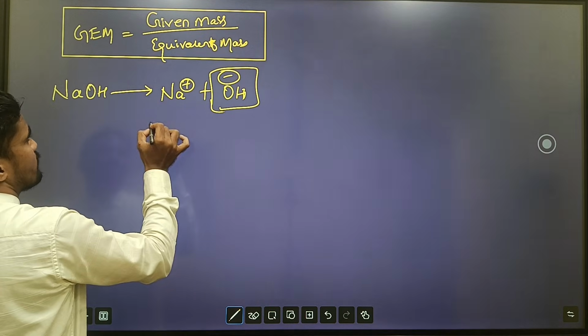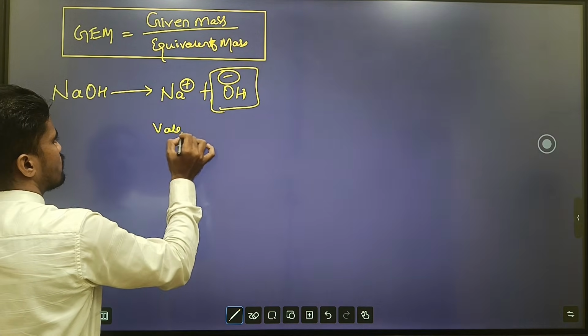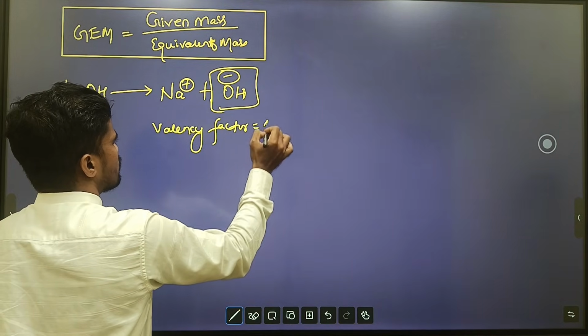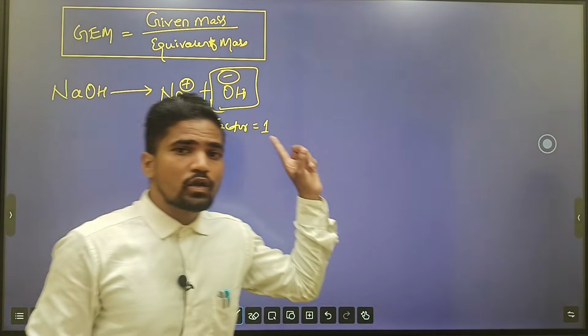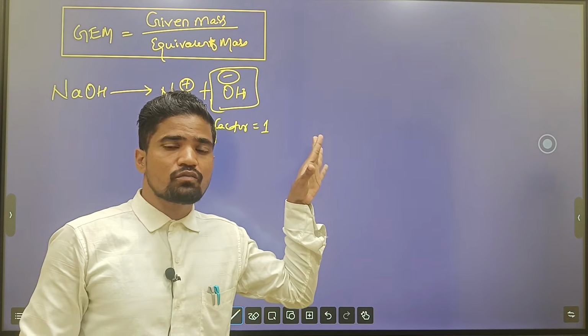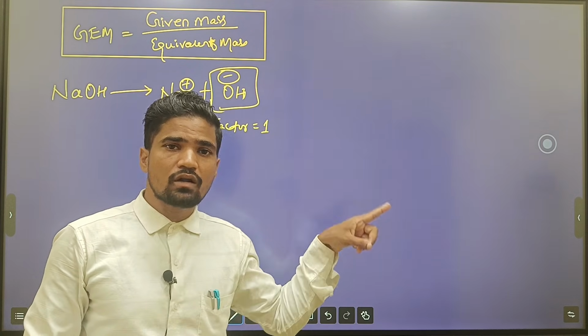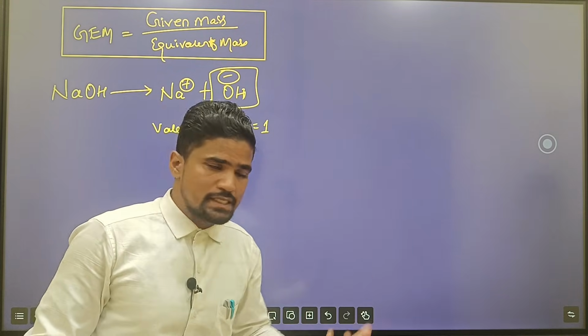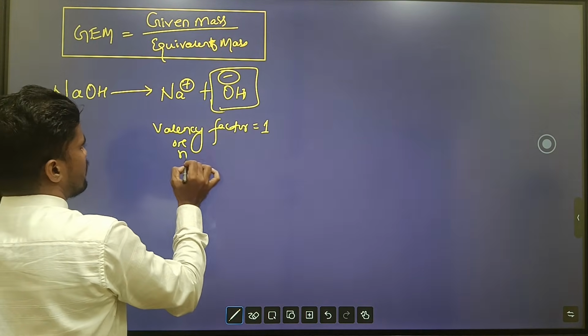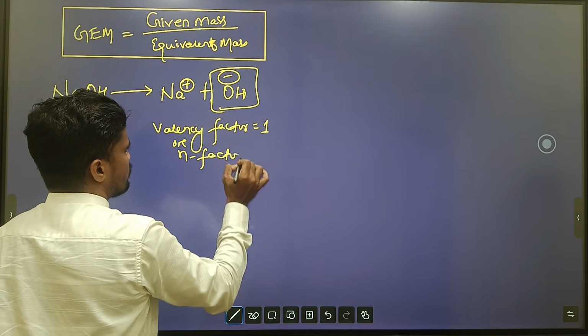So here the valency factor or N factor is equal to 1 due to only one OH minus. The number of replaceable OH minus is called the acidity of any base. This is called the valence factor, or N factor. So why do we need this?